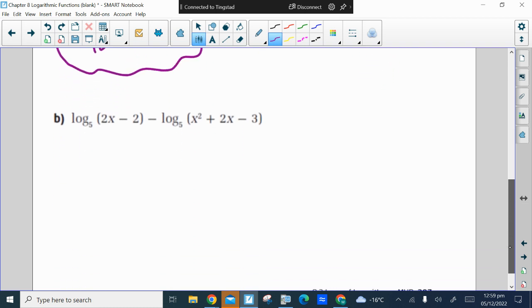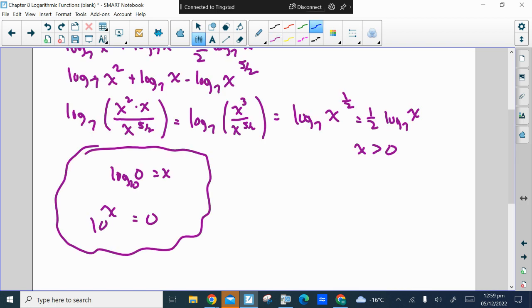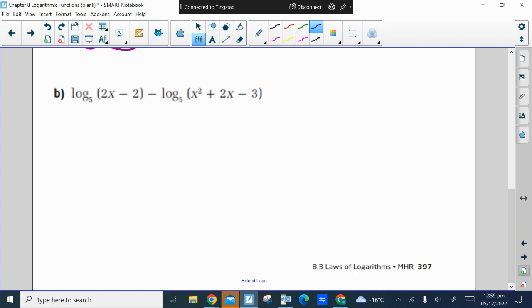Now, we're going to see in this next one, it's not always greater than 0 as the restrictions. But before we get there, we're going to simplify this. So this will be log base 5 of 2x minus 2 divided by x squared plus 2x take away 3. So we can combine those two together using the appropriate law. Because we're subtracting the logs, that's the quotient law.